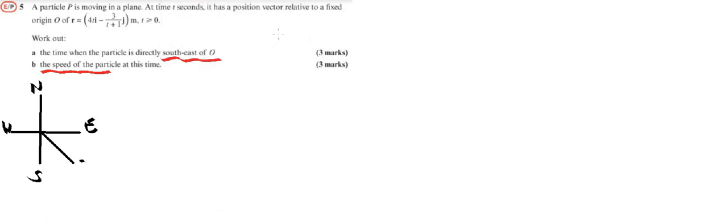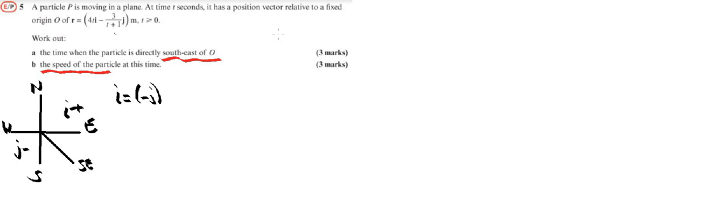So that means southeast. East means that i is positive, and south means that j is negative. So to be exactly southeast, that means that i has to equal minus j. So the same but different signs.